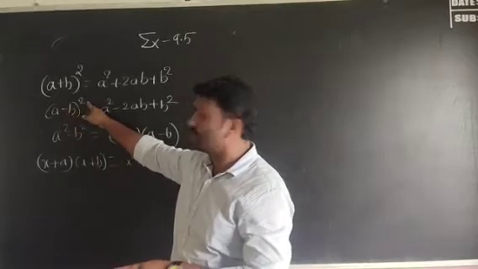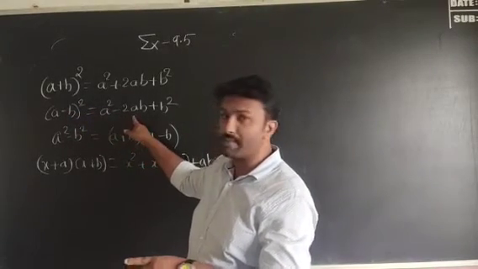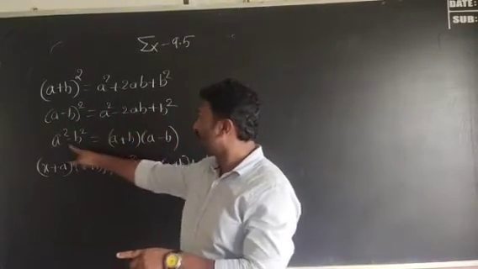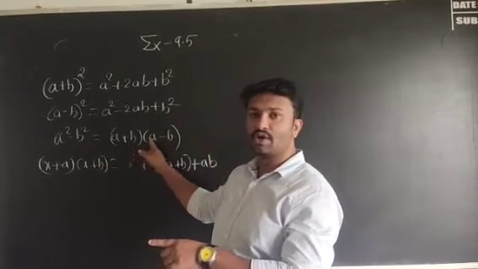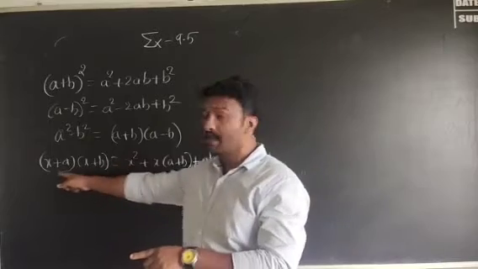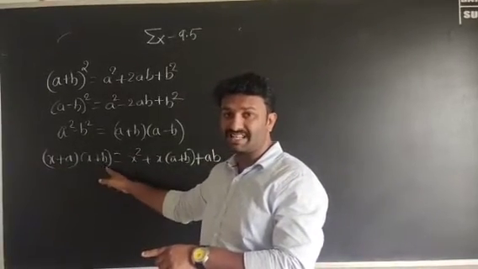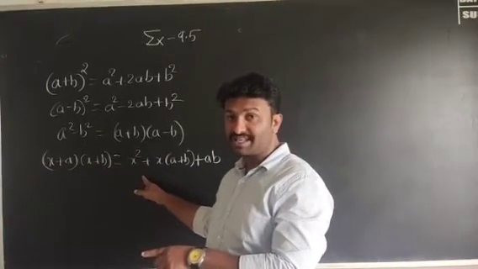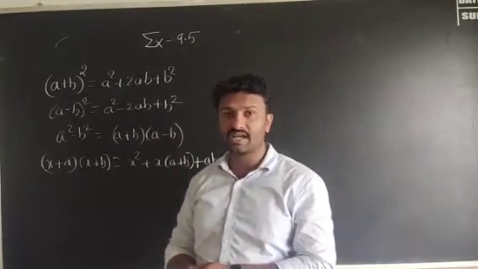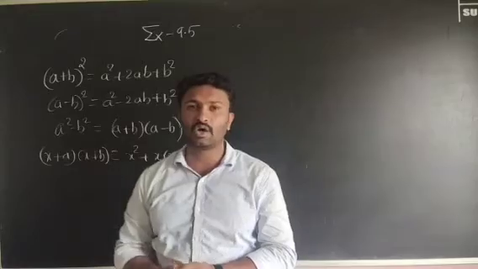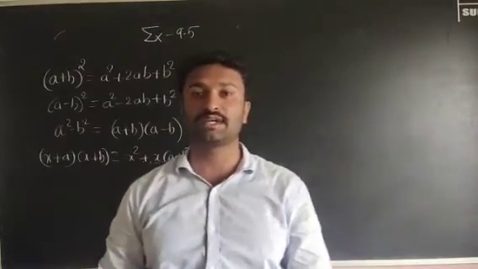Okay, (a minus b) whole square is a square minus 2ab plus b square, and a square minus b square is equal to (a plus b) into (a minus b). (x plus a) into (x plus b) is x square plus x into (a plus b) plus ab. All of this we already discussed in the factorization chapter.